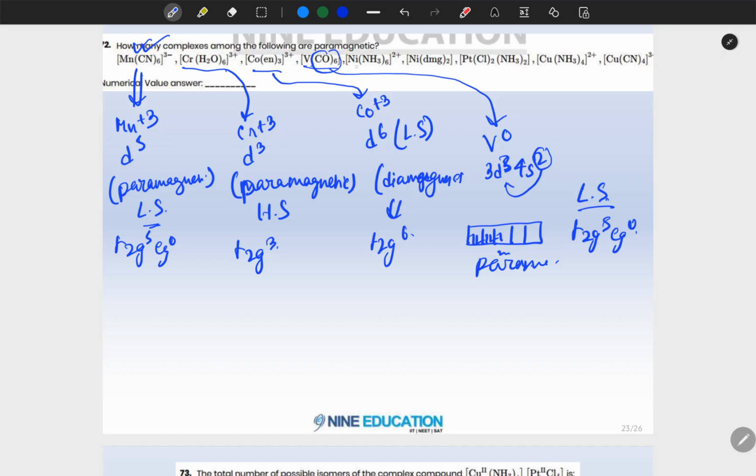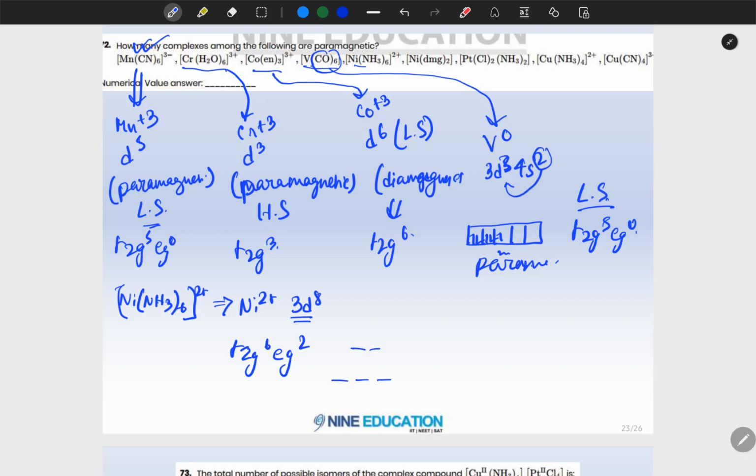Now next complex is nickel. In [Ni(NH3)6]2+, nickel is present in +2 oxidation state, so 3d8. For 3d8, what is the electronic configuration? The electronic configuration should be t2g6 and eg2.